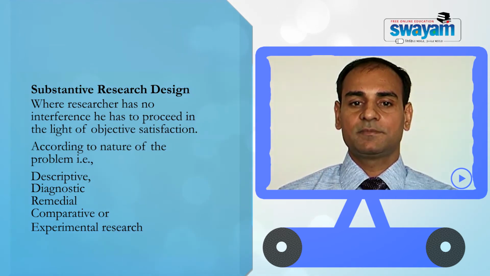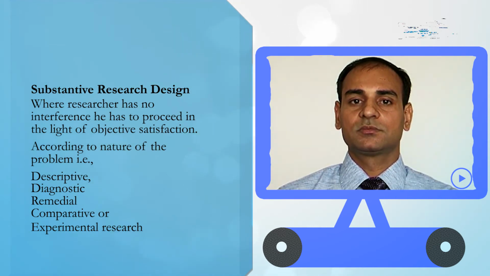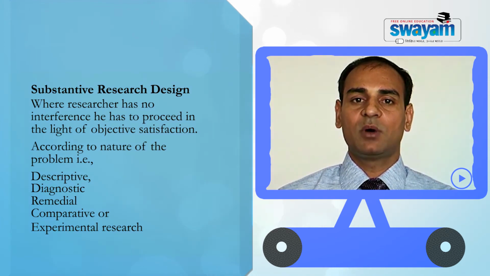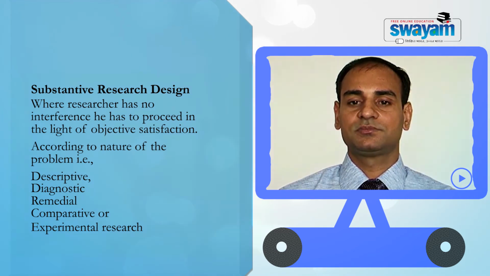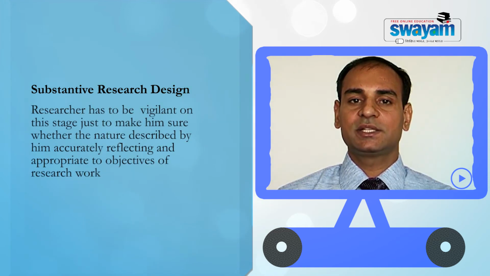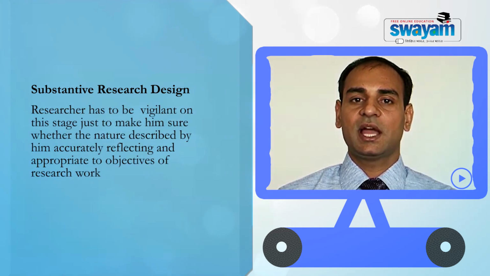Before research designing, the researcher should have the experience and skill, and knowledge about the steps and procedure to be followed in research. And if he has started research, he has to be vigilant at every stage of the proceeding.